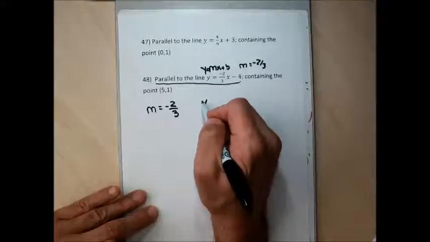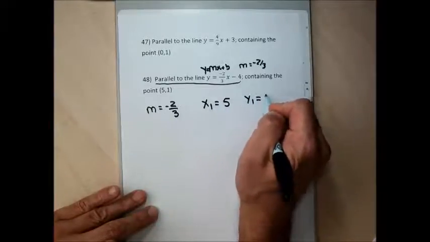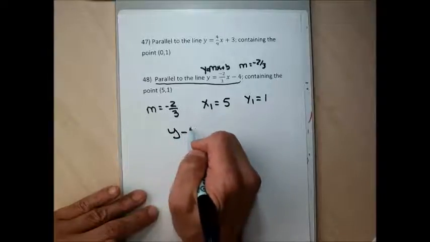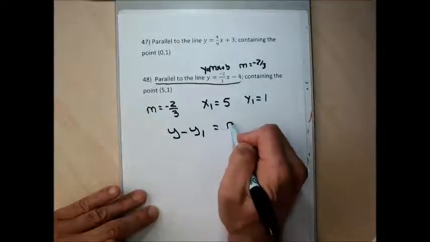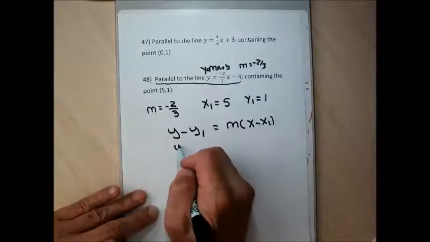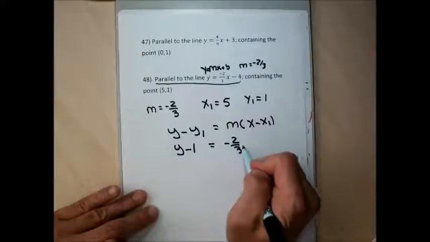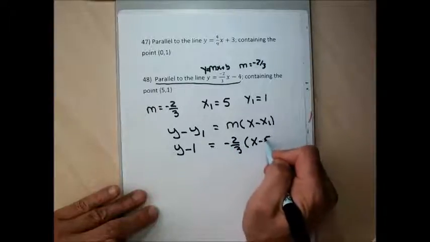And I'm going to plug in x1 equal to 5 and y1 equal to 1 into the formula y minus y1 equals m times x minus x1. So now I'm going to go y minus 1 equals -2/3 times x minus 5.